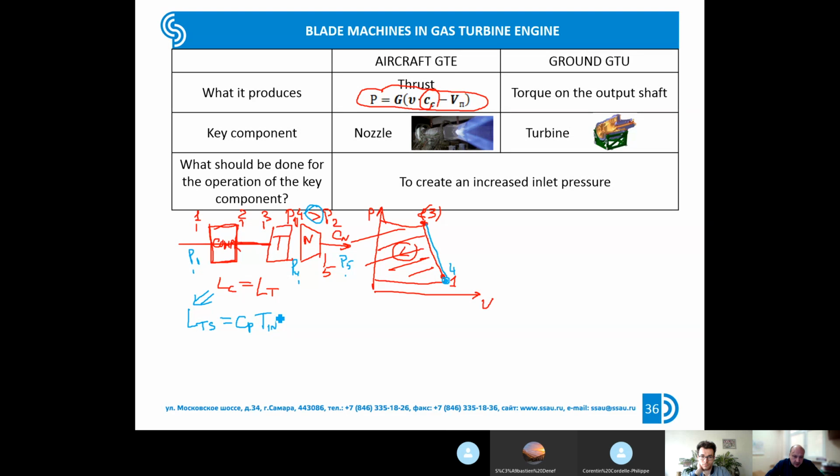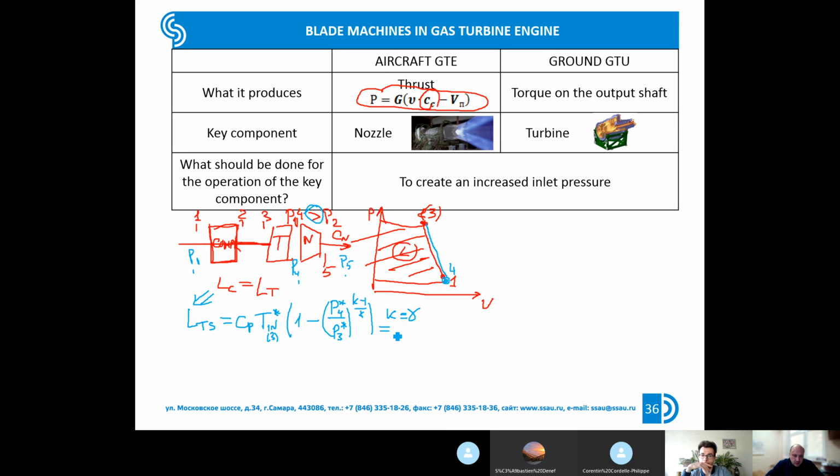The inlet temperature will be T3 in our designation, times 1 minus P4 over P3, the total pressures, in degree (k minus 1) over k. k, in Russian practice, is the adiabatic index. Maybe you use the letter gamma to designate it. I don't know how it is in France, but sometimes foreign students use gamma to designate it, but this is the adiabatic index.